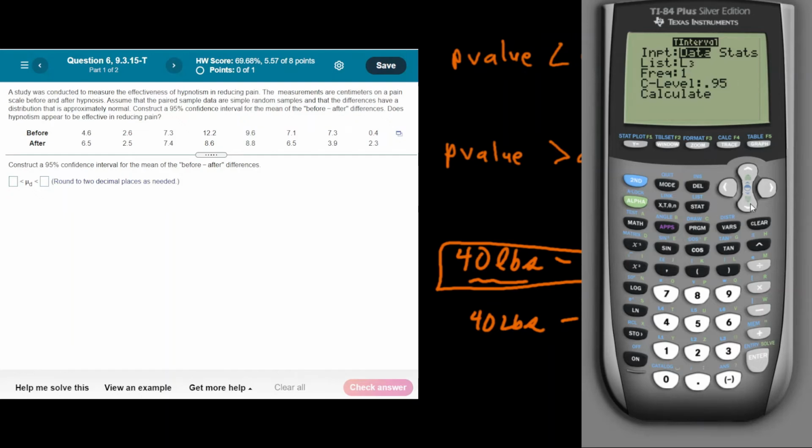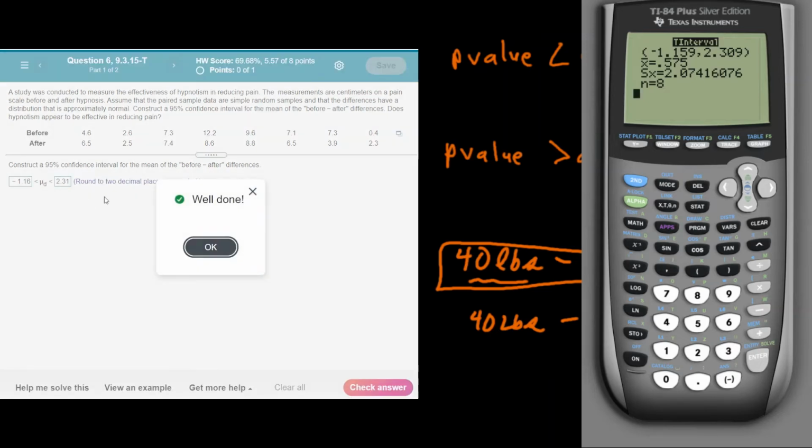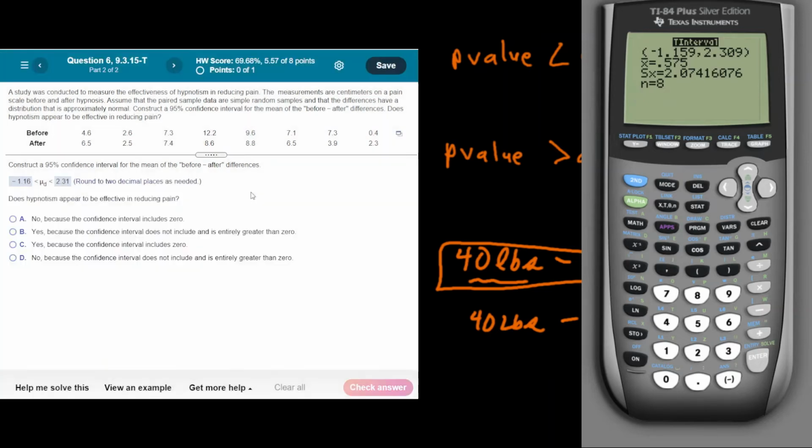So 0.95, hit calculate, and let's see if we get it right. To 2 decimal places, this is negative 1.16 and 3.1. Let's see if we get it right. We got it right.